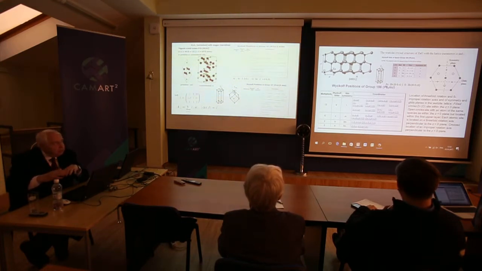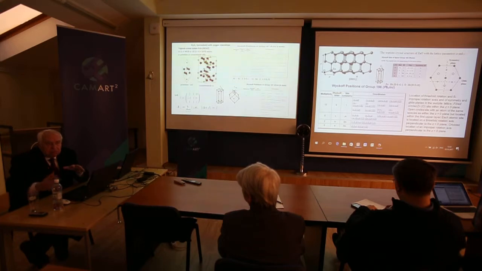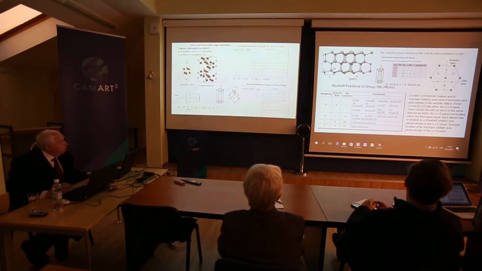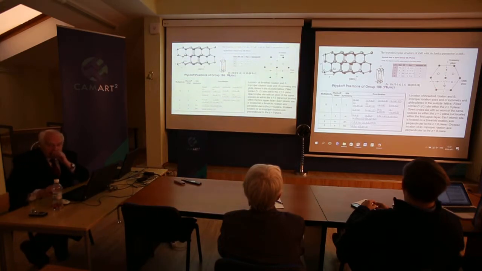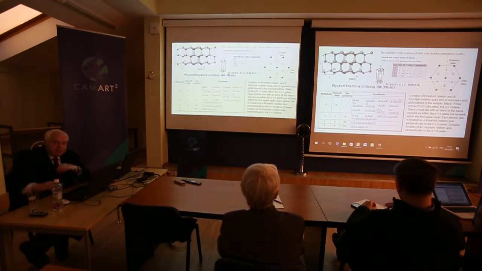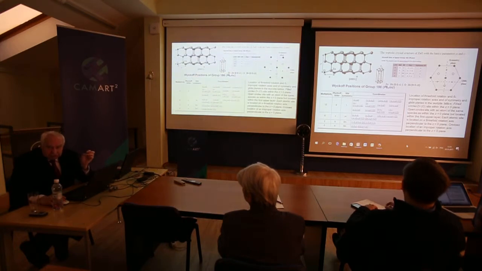Inside the layer, the interaction is, we can say, traditional chemical interaction, connected with overlap of the electron wave functions of silicon and oxygen. But between layers, you have weak van der Waals interactions. They are very weak, and they cannot be described by traditional methods of quantum chemistry. But this is another story.